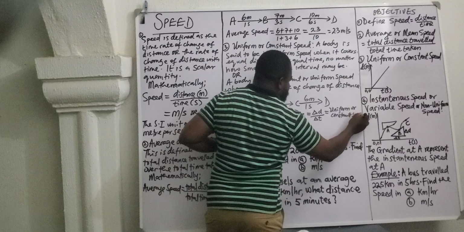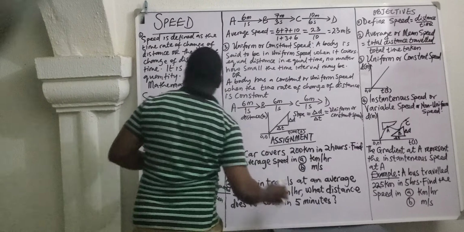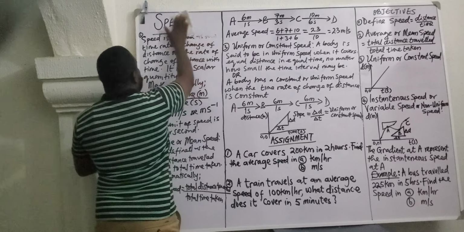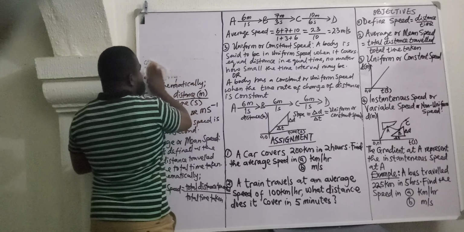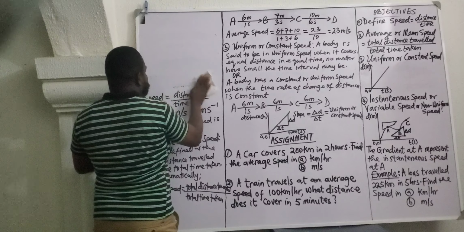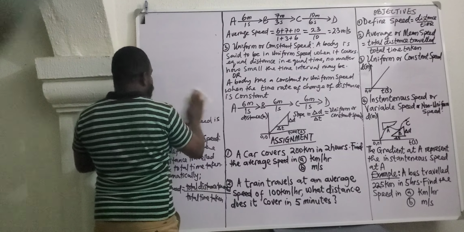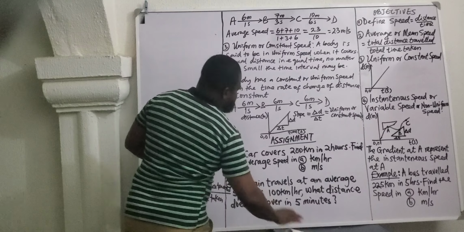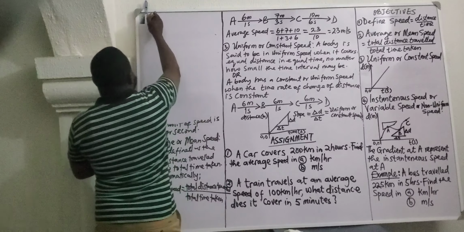So the point I am establishing here is that the slope or gradient of a straight line distance time graph represents the uniform or constant speed. That's the point I'm making. Let me put it down.